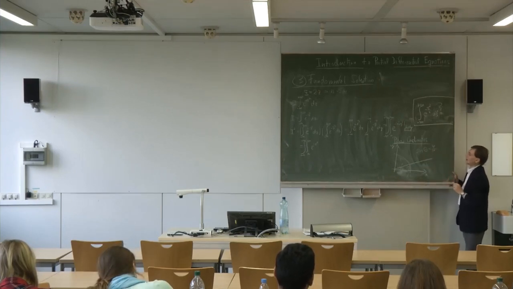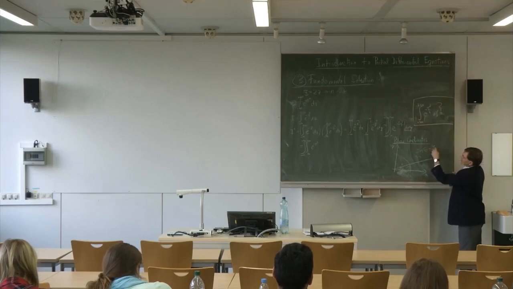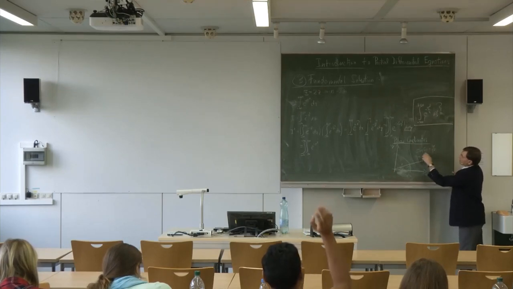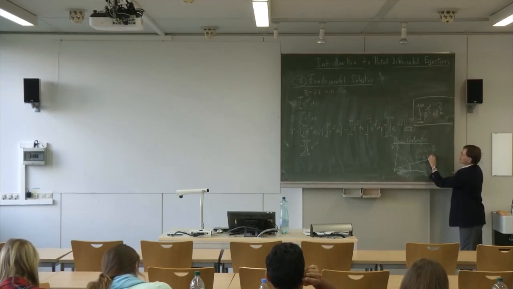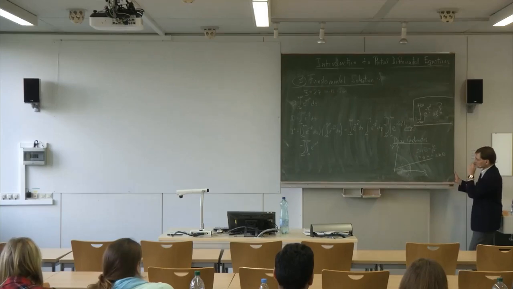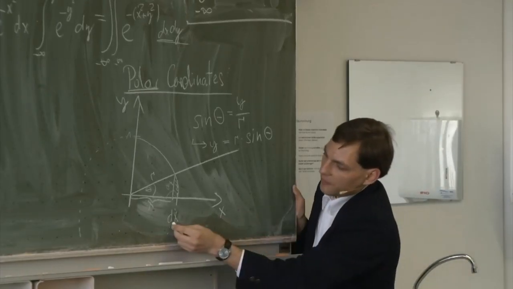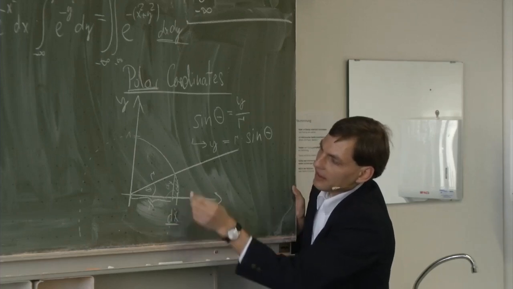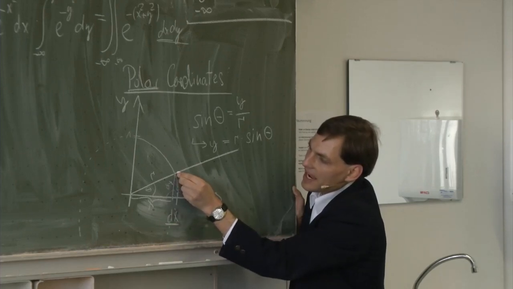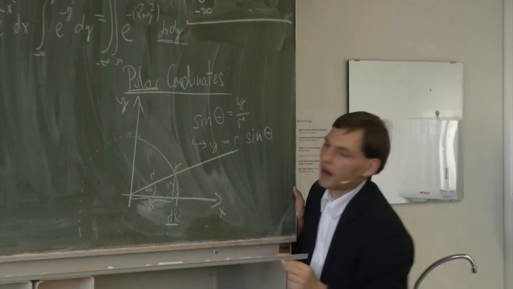So y can be written as r times sine of theta. And now the argument is the following: if I change x a little bit, this is the same as changing r a little bit, so changing dr a little bit.